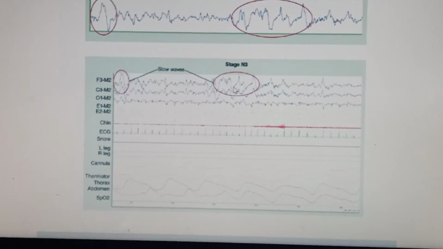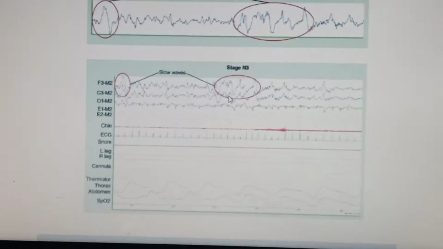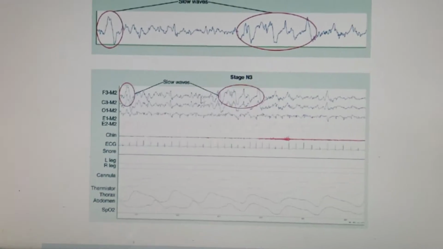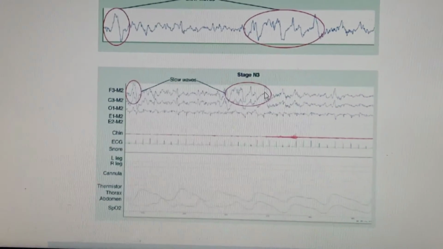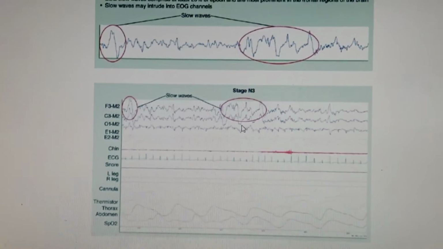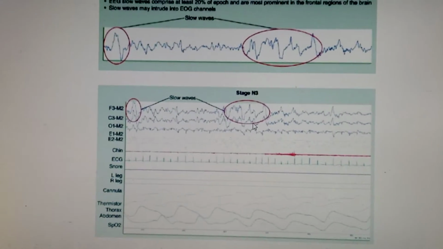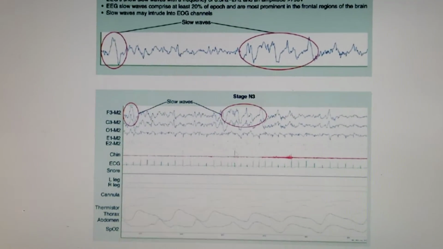These are slow waves of 0.5 to 2 hertz. Sometimes K complexes will be of higher amplitude with broader duration, and they look like slow waves, and they will fulfill the criteria for slow wave sleep.